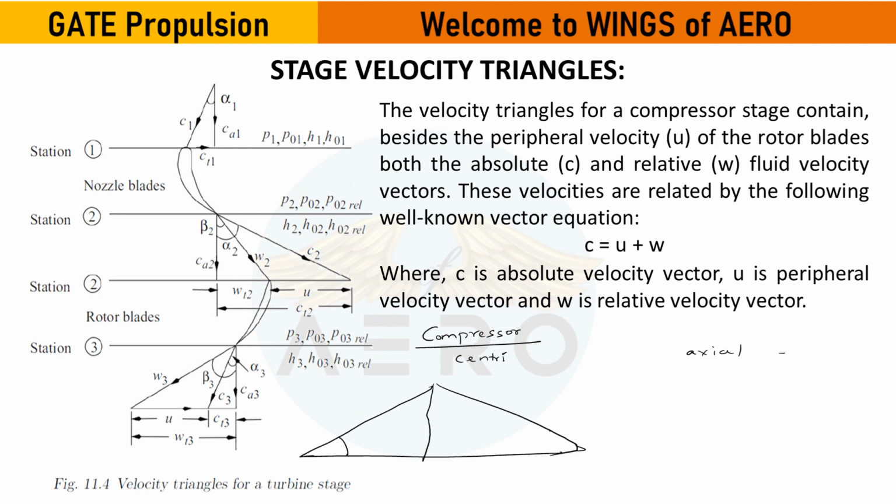Here it was C, right? This one will be W, beta and C, alpha. Yes or no?